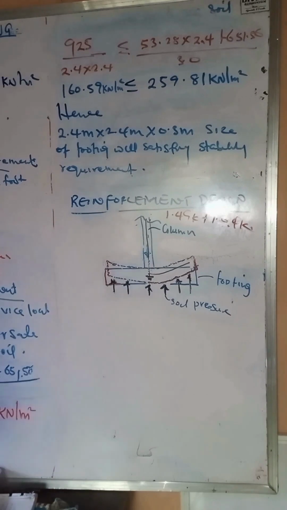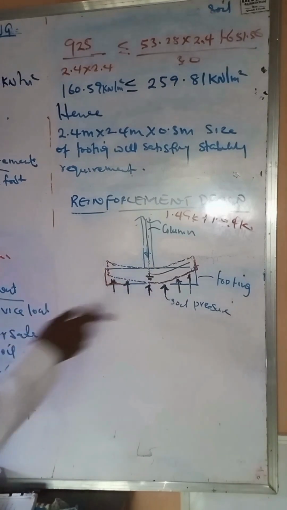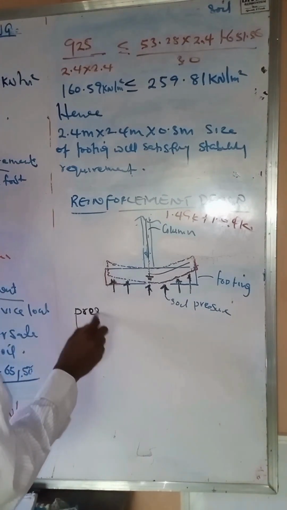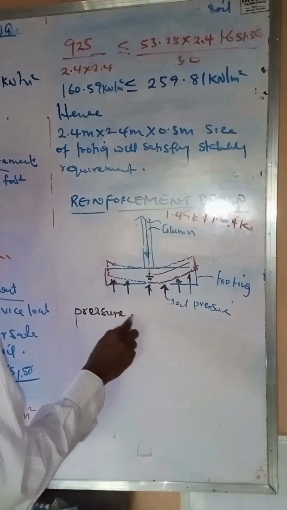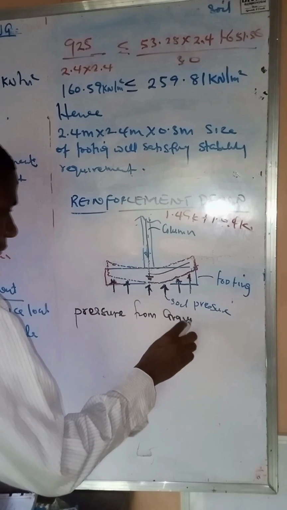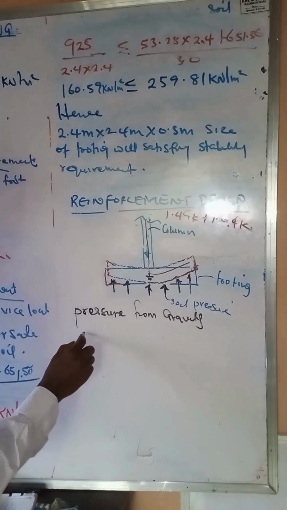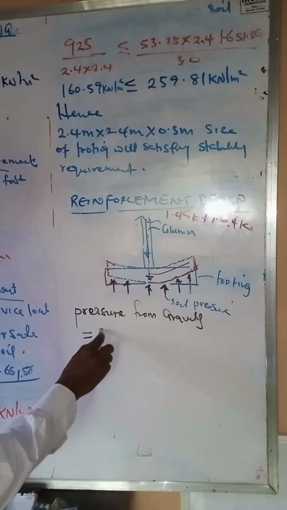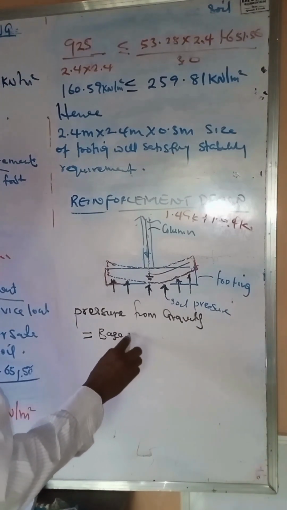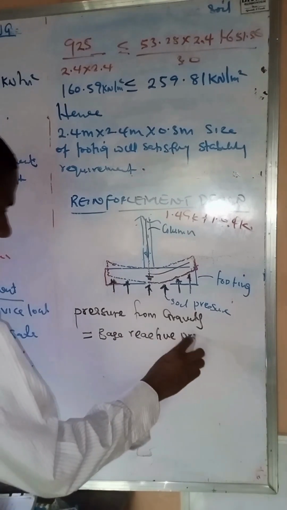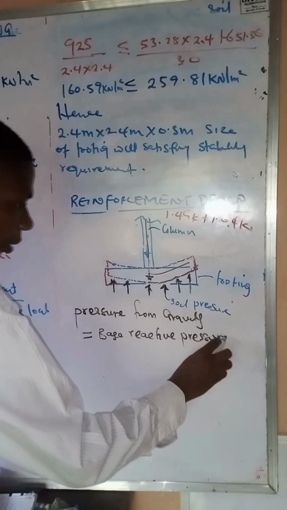So we can now say that the total pressure acting on this soil, the pressure from gravity load, is equal to our base reactive pressure. Okay. All right.